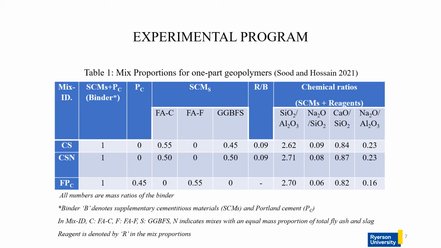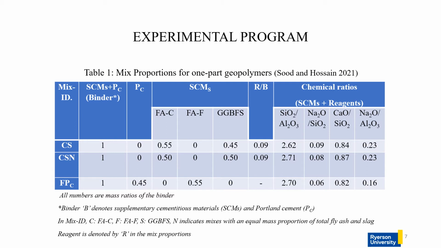So the experimental program, the mix proportions for one-part geopolymers: we have two geopolymer binders and one cementitious binder. The cementitious binder is the control mix, which is the paste component of a standard engineered cementitious composite.